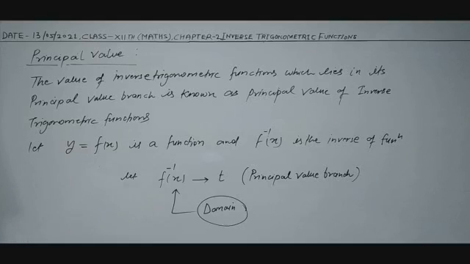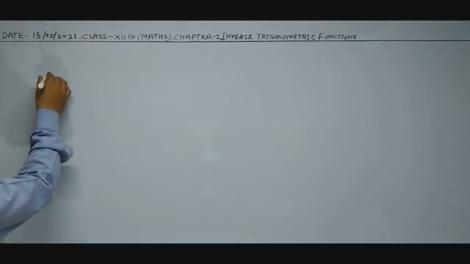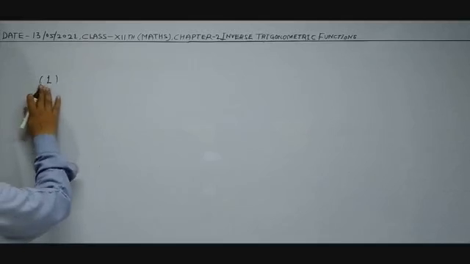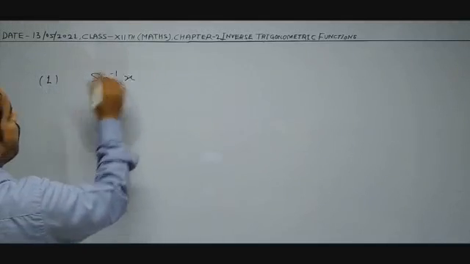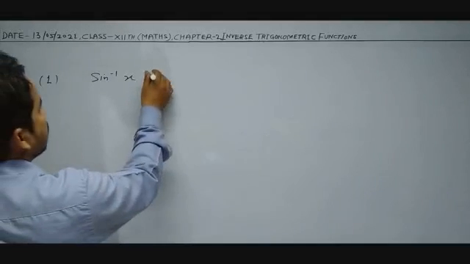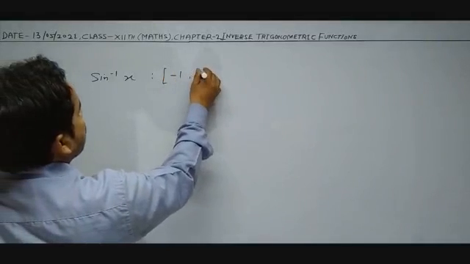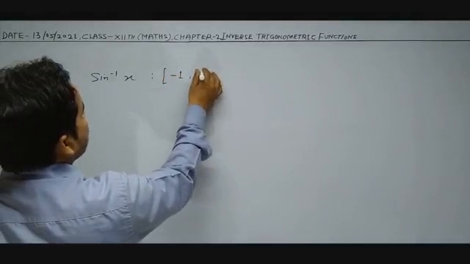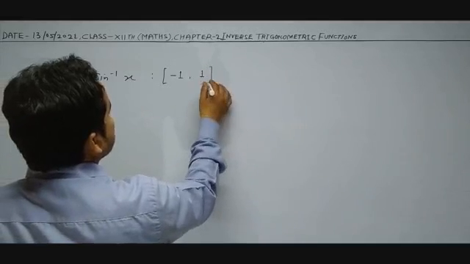See here. The first part, sine inverse x. For sine inverse x, the principal value branch is such that its domain is -1 to +1.